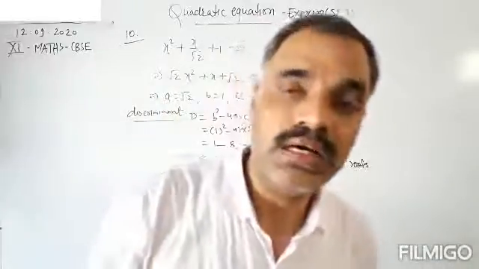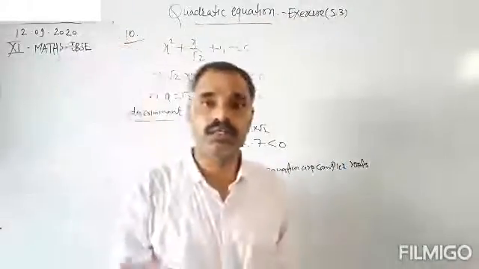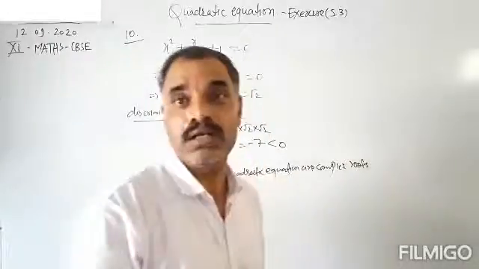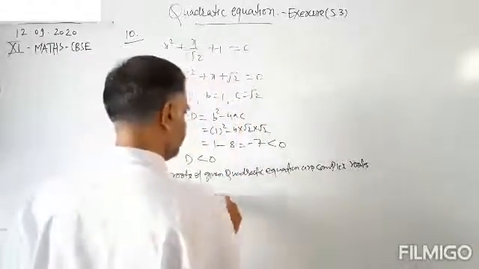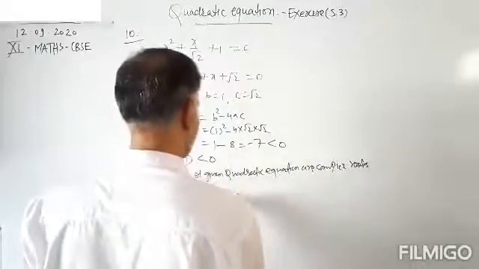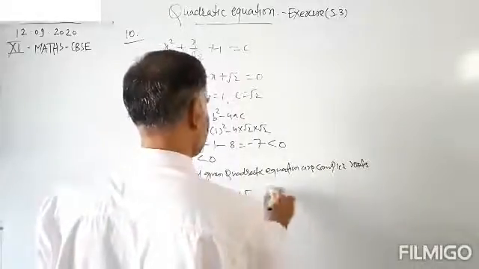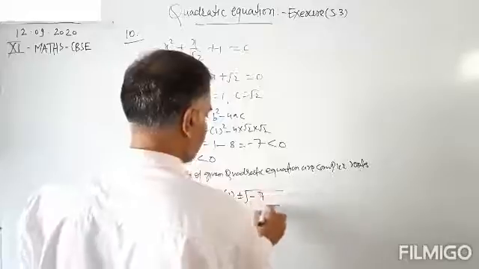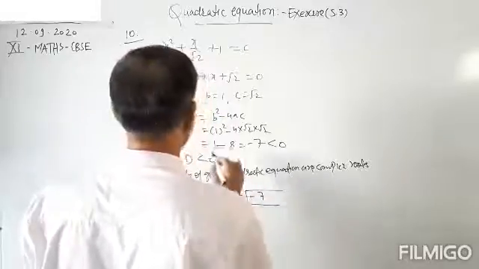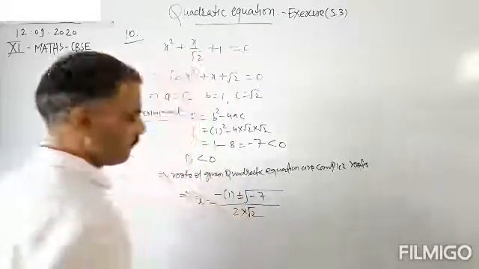Okay, this implies that now we have to find the roots of the given quadratic equation using the quadratic formula. x = −b ± √D upon 2a, that is x = (−1 ± √−7) upon 2√2.